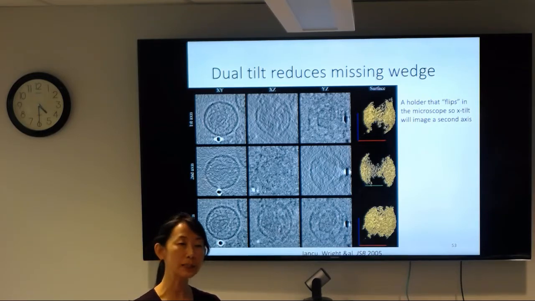Assuming you keep the same imaging conditions, each image gets only 50% of the dose. With that, your signal to noise ratio is going to be lower, alignment will be more difficult, and potential errors built in will be higher. But you do have a smaller missing wedge. It goes from a missing wedge to a missing pyramid, so you get something extra when you're missing something.